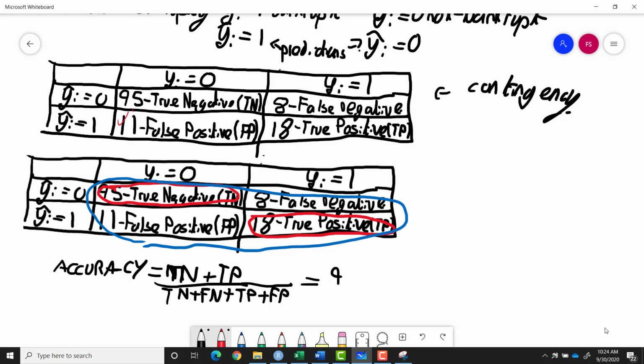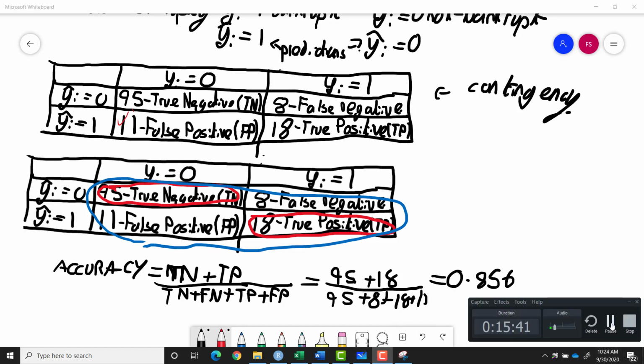So in this case, it's going to be 95 plus 18 all over 95 plus 8 plus 18 plus 11. So that's going to be 0.856. And that's going to be our measure of overall accuracy.